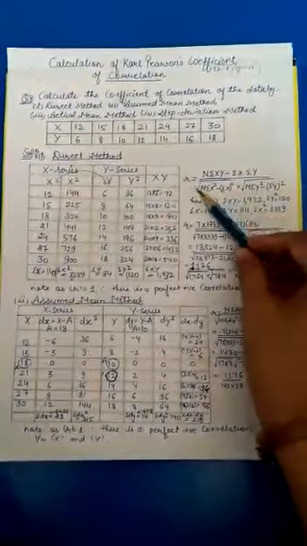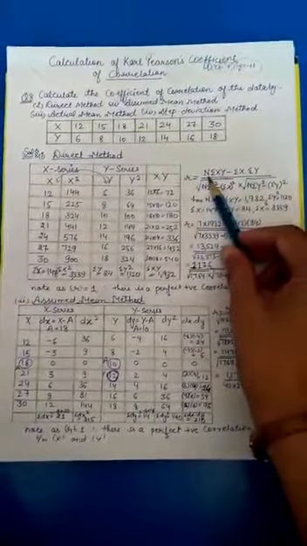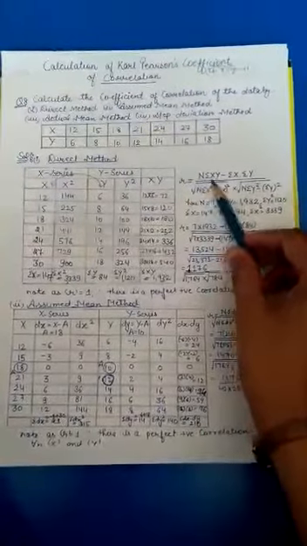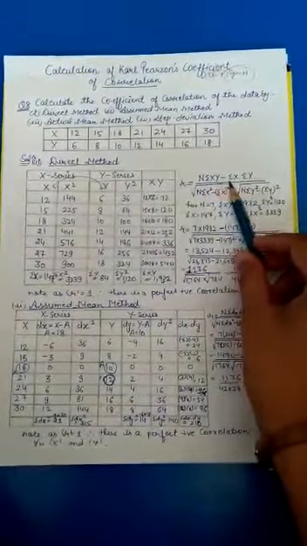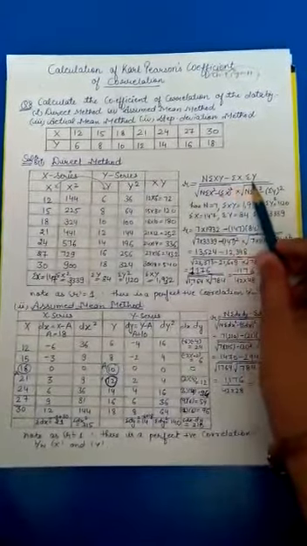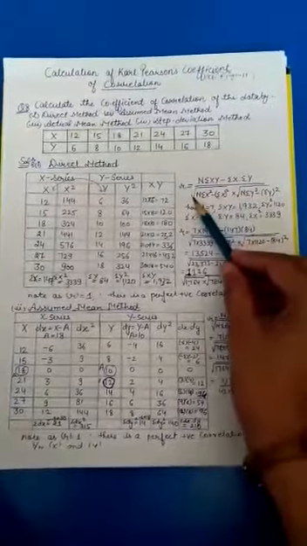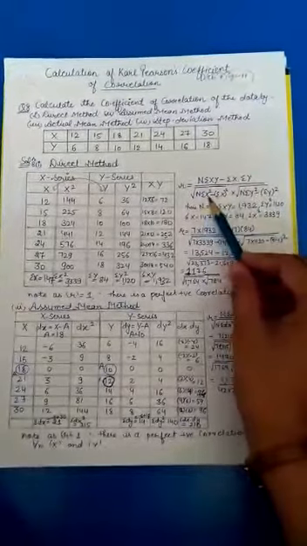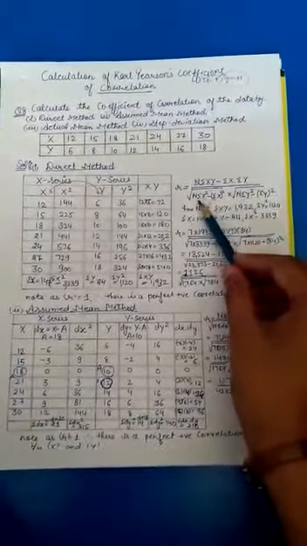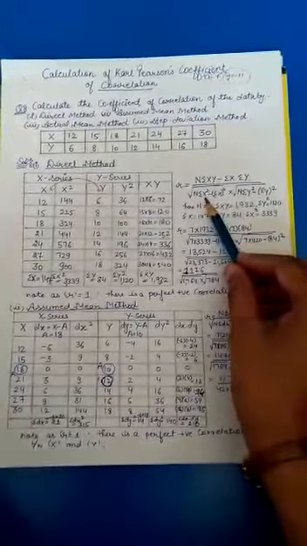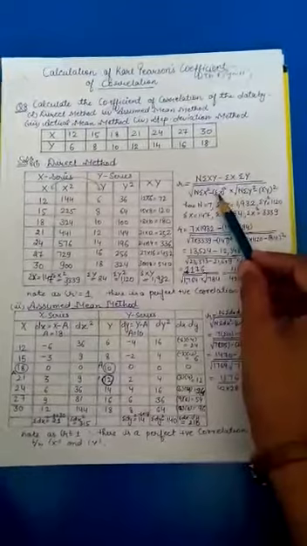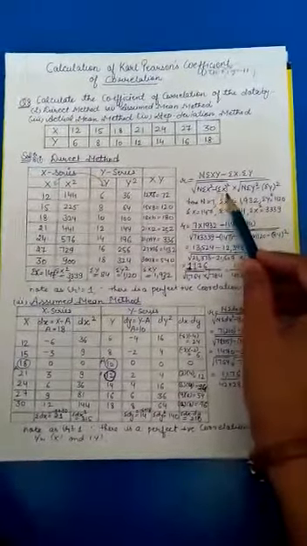First of all we will be discussing the first method, that is the direct method. In the direct method, this is the formula we will be using: n is the number of observations, sigma xy is the total of the product of x into y, minus sigma x and sigma y in the product. In the denominator we have the under root of n into sigma x square, that is the total of the x square column, minus sigma x whole square, that is the square of the total of sigma x.